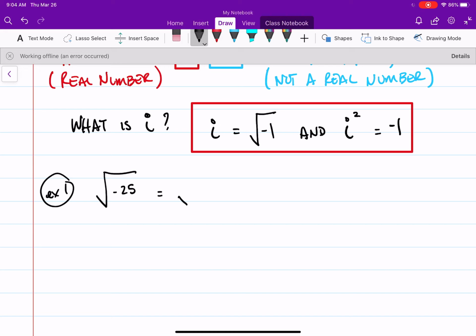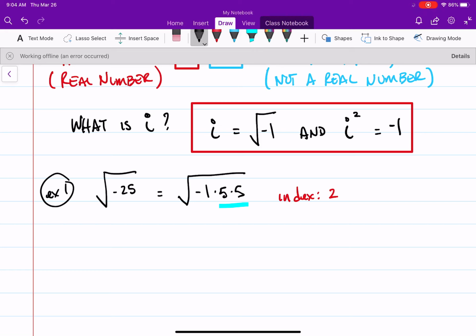So what we can do is break down the square root of negative 25 into the square root of negative 1 times the square root of 25. Anytime you have a negative underneath a square root, you want to pull out that negative 1. Then break down the 25, which I've always taught to break down into primes. And we know that the index is 2, so we're looking for pairs. So here's my pair.